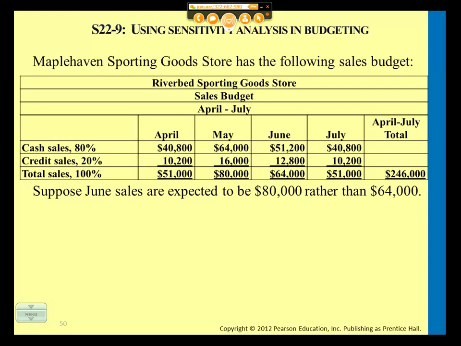So how did you calculate this? You could do it this way, or you could take 80,000, subtract 64,000, and add it to 246,000.